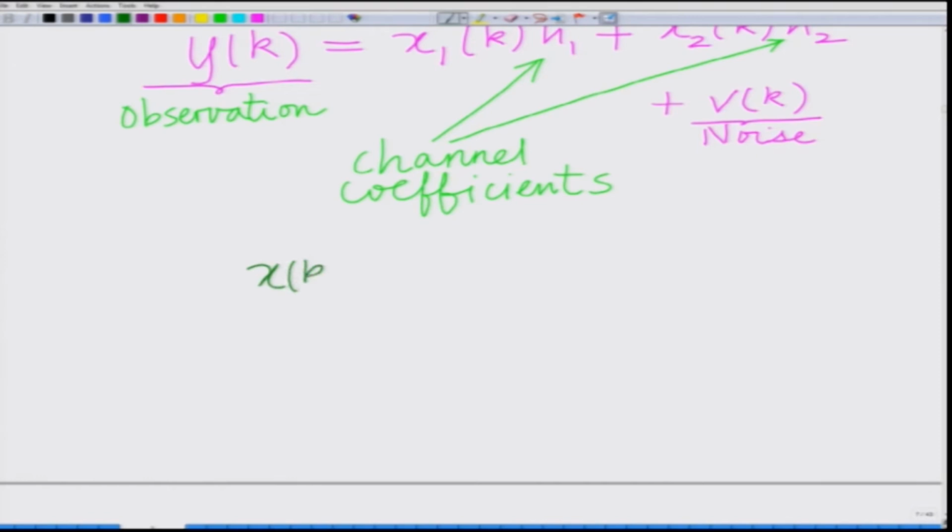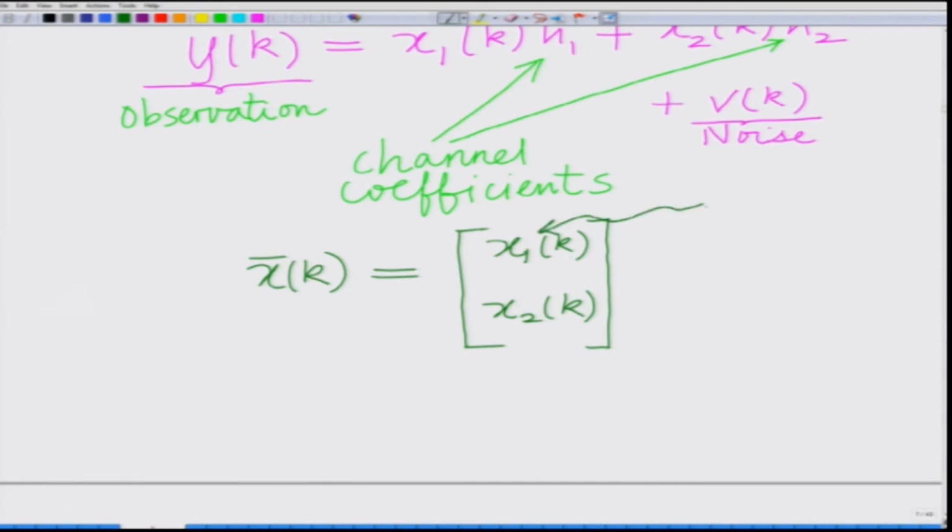Further, our pilot vector x bar of k is equal to x1 k, x2 k, where at time instant k, x1 k is the symbol transmitted from transmit antenna 1, and x2 k is the symbol transmitted from transmit antenna 2.